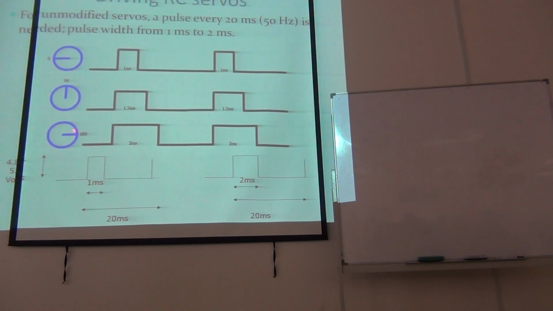And the last one, for 180 degrees, the PWM must be around 2 milliseconds and the rest 18 milliseconds should be down state, and this is going to control up to 180 degrees. So it's very simple. To move like this, you have to give this PWM. To move like this, you give this PWM, and to move like this, you give this PWM.